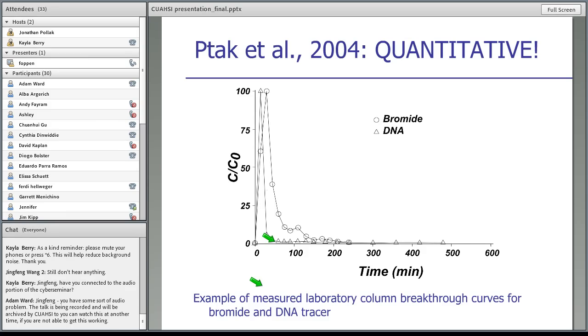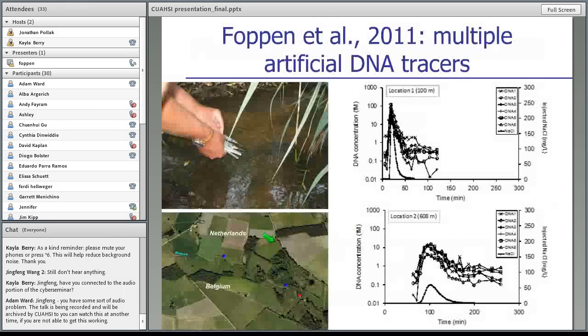So they were actually able to quantify DNA concentrations, and that was simply because the technique to quantify DNA concentrations, quantitative PCR, became more and more available and more and more affordable for laboratories throughout the world.